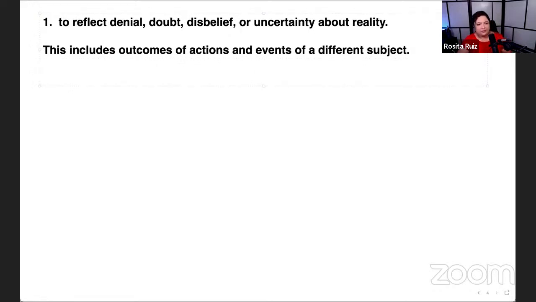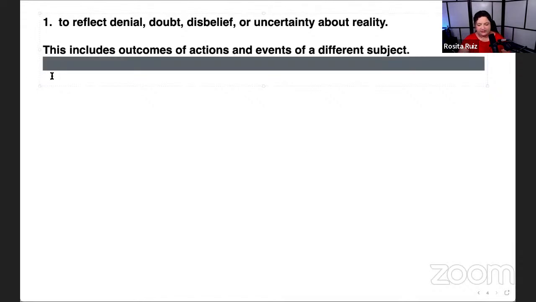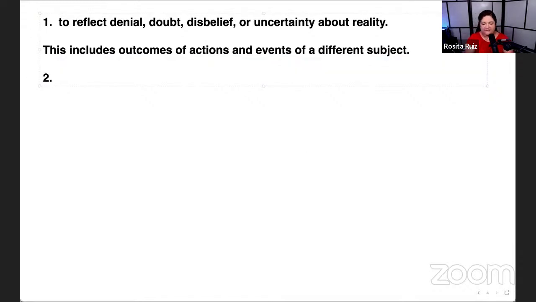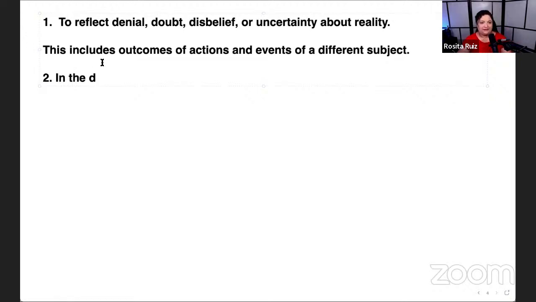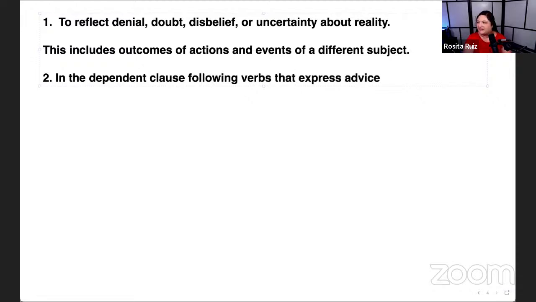Okay. Now, also, we are going to use the subjunctive in the dependent clause following verbs that express advice, command, or suggestion.